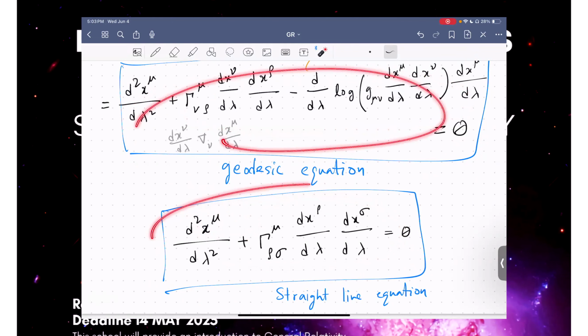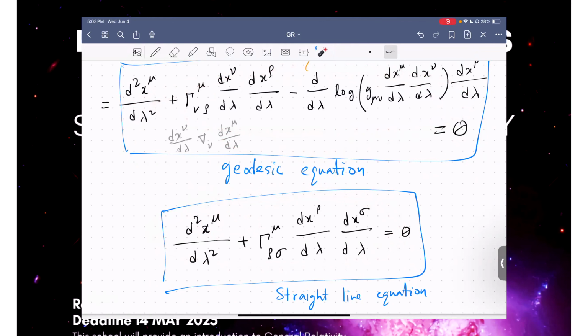And the solutions of these two differential equations define some very important classes of paths, namely the geodesics, the shortest paths between two points, and the straight lines, the curved analog of the straight lines. Okay, so I will stop here and see if I can answer some questions.